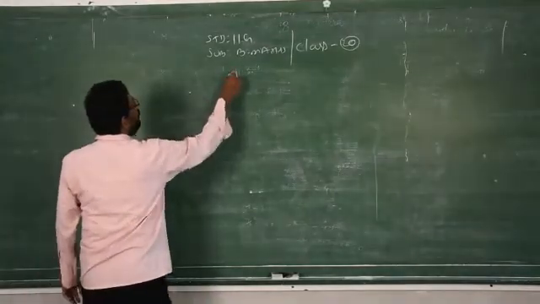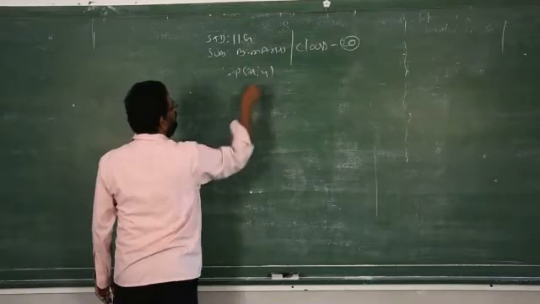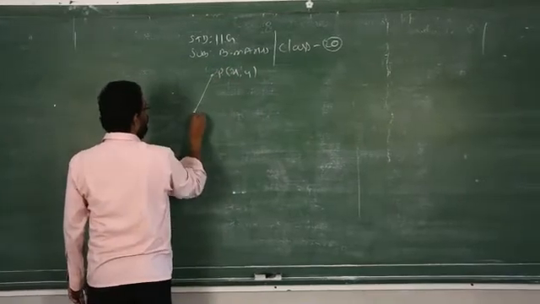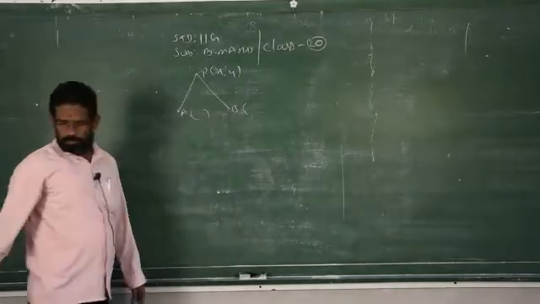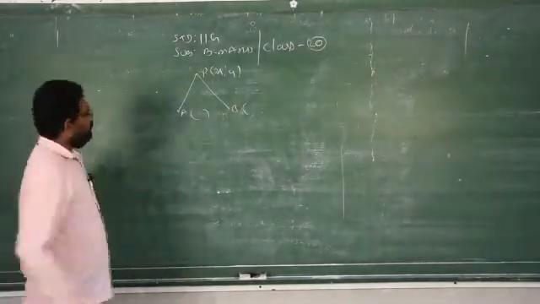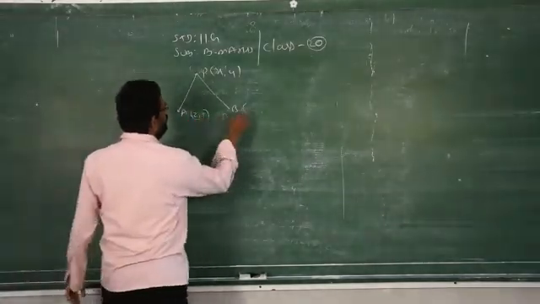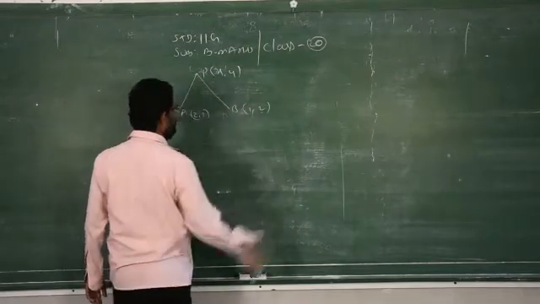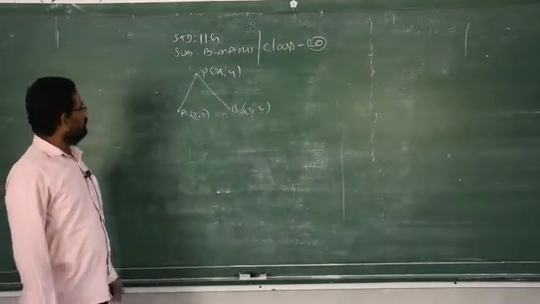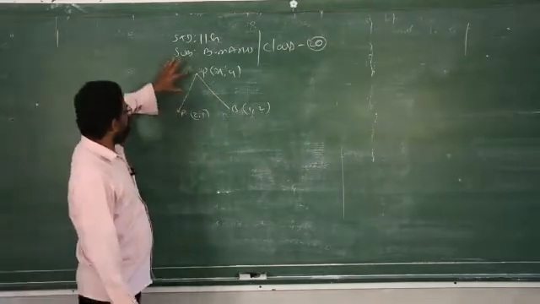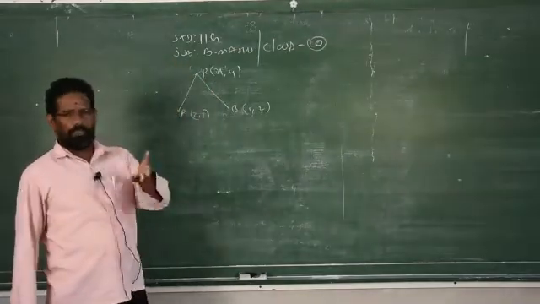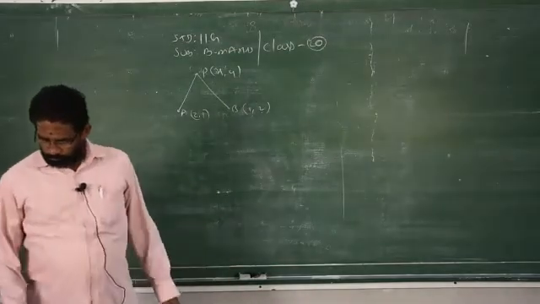So I take the moving point P x, y, then A, and another one is given as B. So 2 comma 1, 1 comma 2, it is given like that. But there is no information whether PA is equal, whether it is equidistance. If it is equidistance, then you have to write PA is equal to PB, that we did already in the first problem.